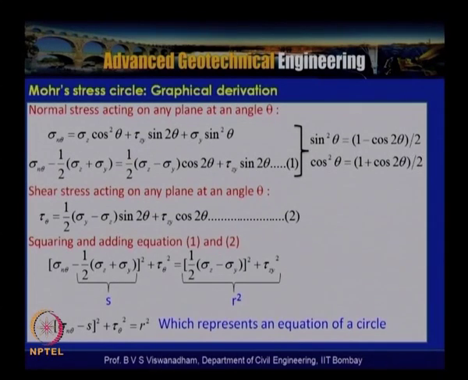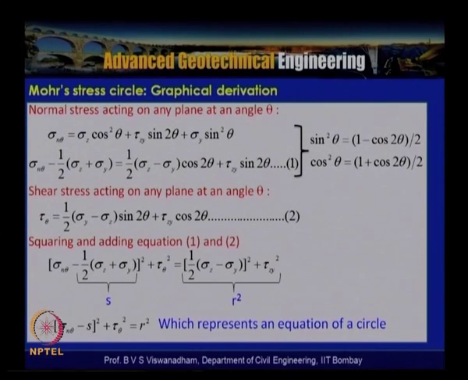And using sin square theta is equal to (1 minus cos 2 theta) by 2, and cos square theta is equal to (1 plus cos 2 theta) by 2, we actually get sigma n theta minus (sigma x plus sigma y) by 2 is equal to half of (sigma x minus sigma y) cos 2 theta plus tau xy sin 2 theta.